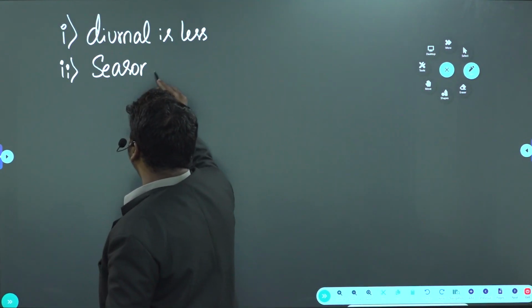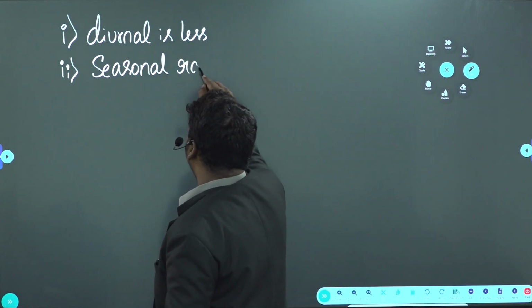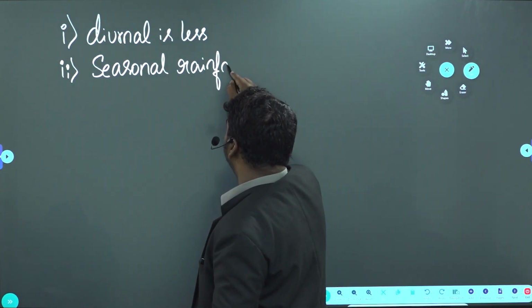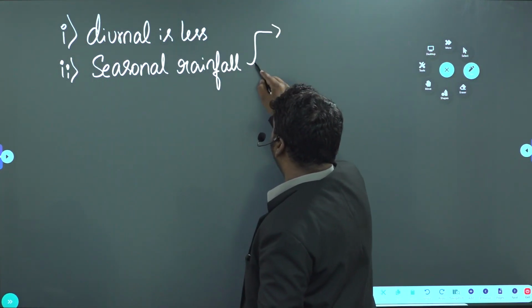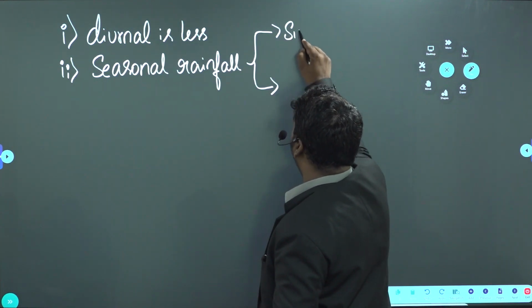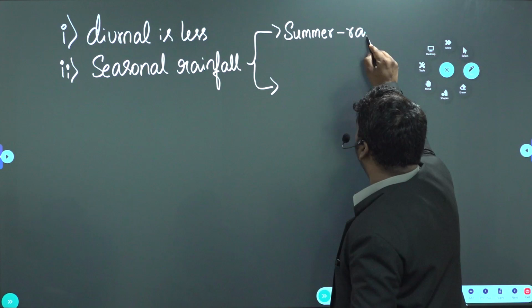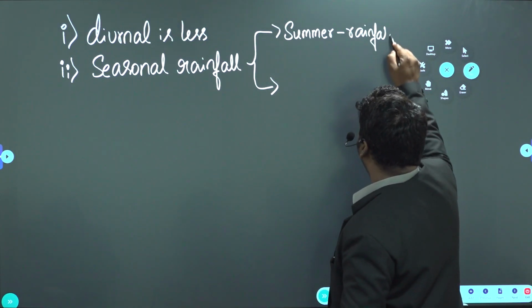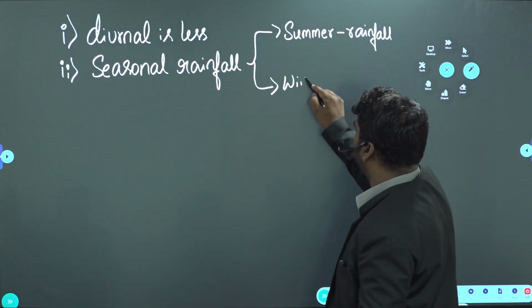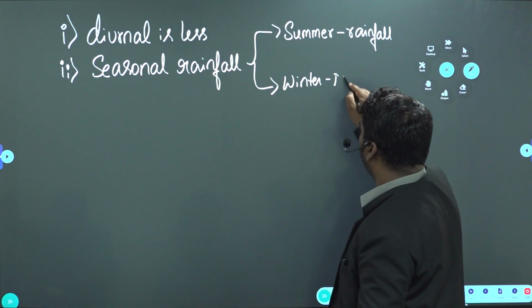Clear cut seasonal rainfall, where summer rainfall, winter no rainfall.